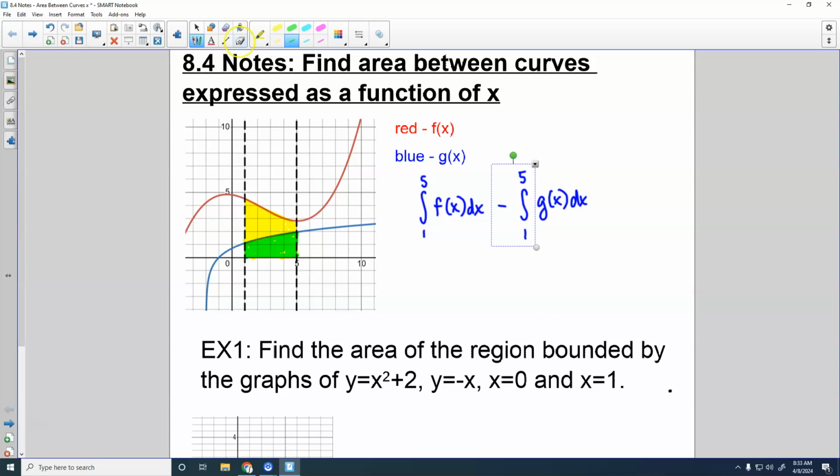Because I have the same limits and the same variable, I could also write it like this, the integral from 1 to 5 of f of x minus g of x dx. A lot of times in practice, it's easier to put those two together whenever you integrate.